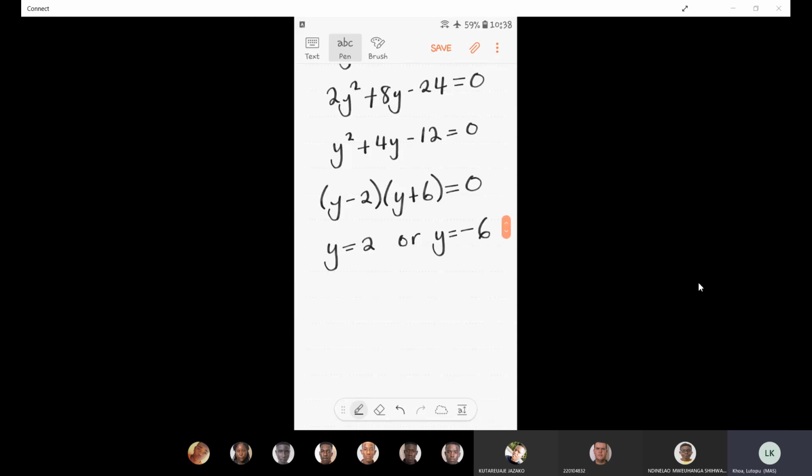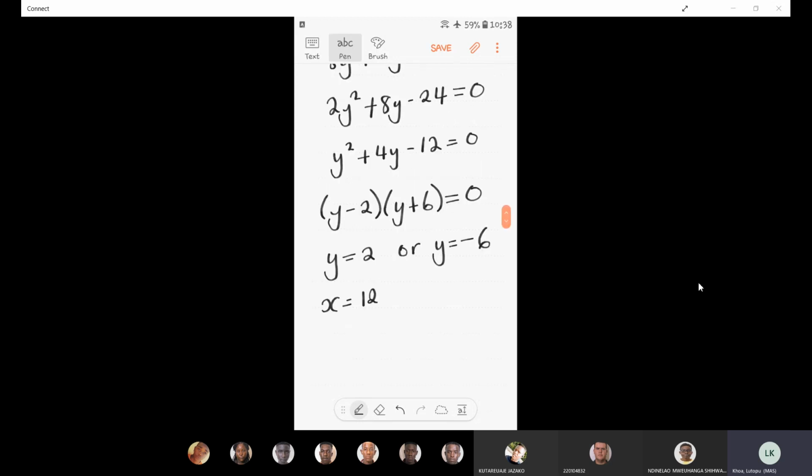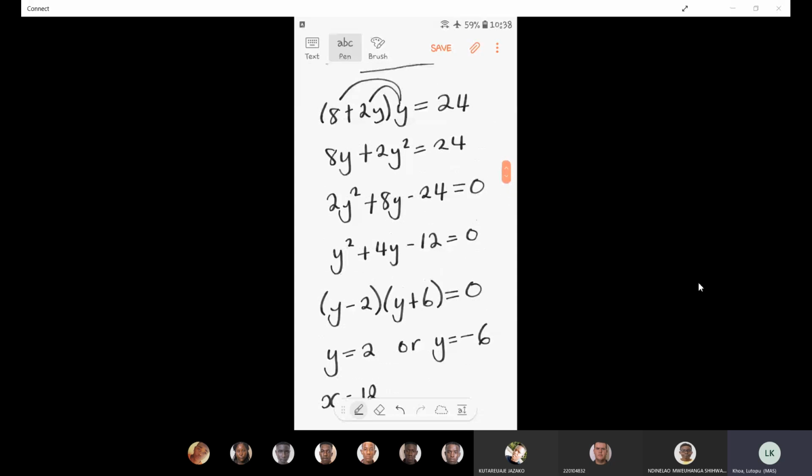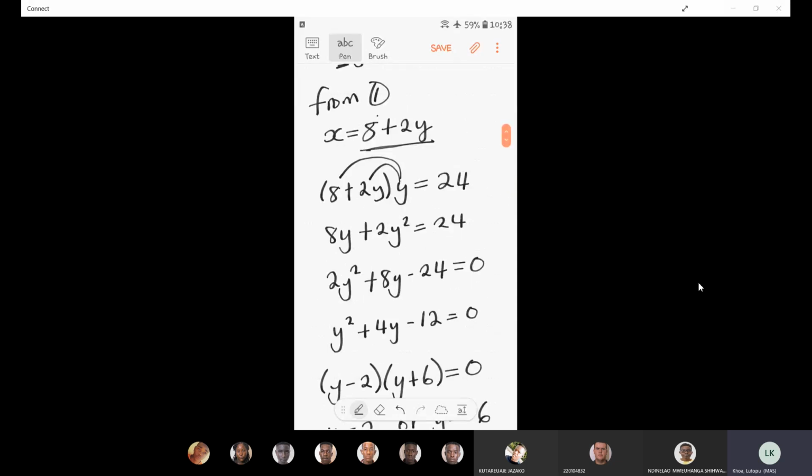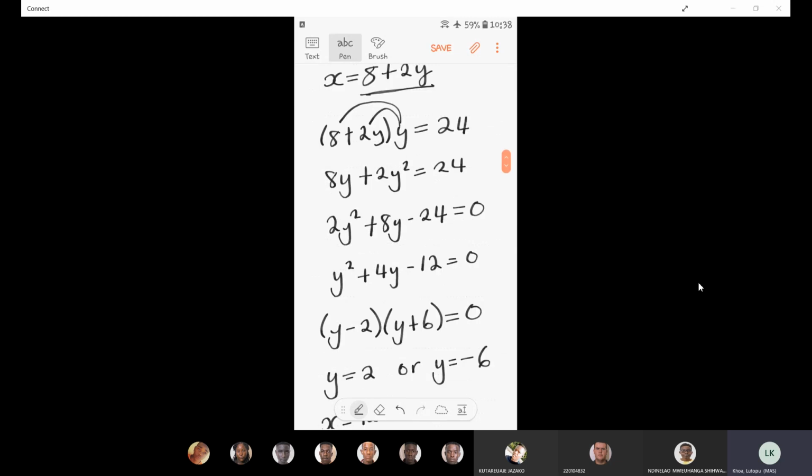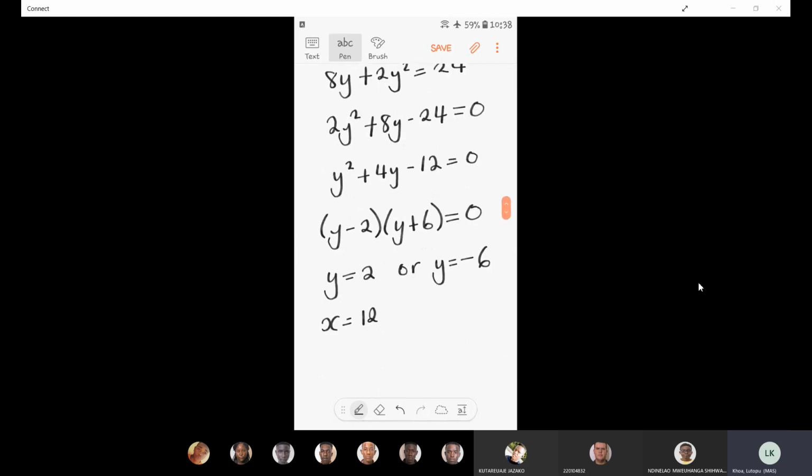Then when y is equal to 2, this means that x is equal to 12. Okay, so I substitute back into this original equation here. So I say 8 plus 2 times 2, then I will get 12. And then here, this means that x is equal to negative 4, sorry.